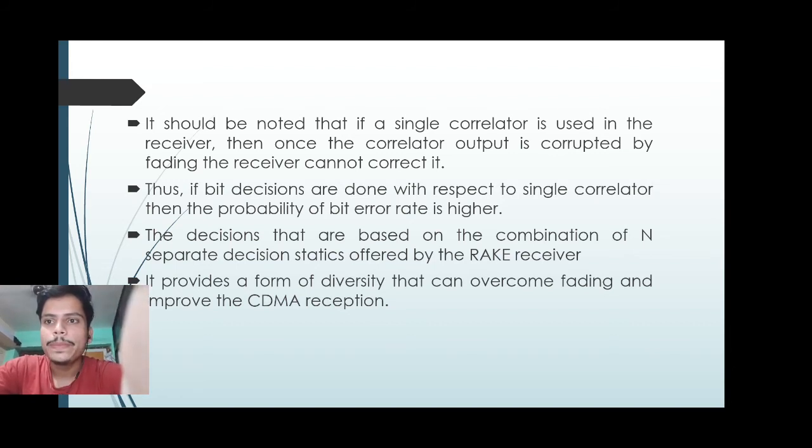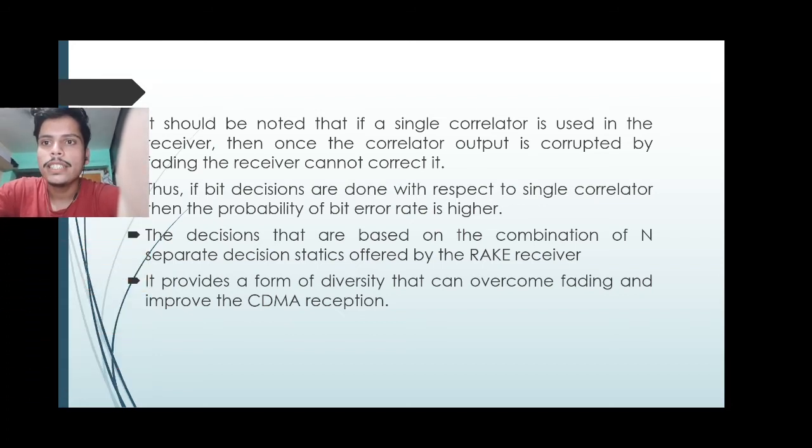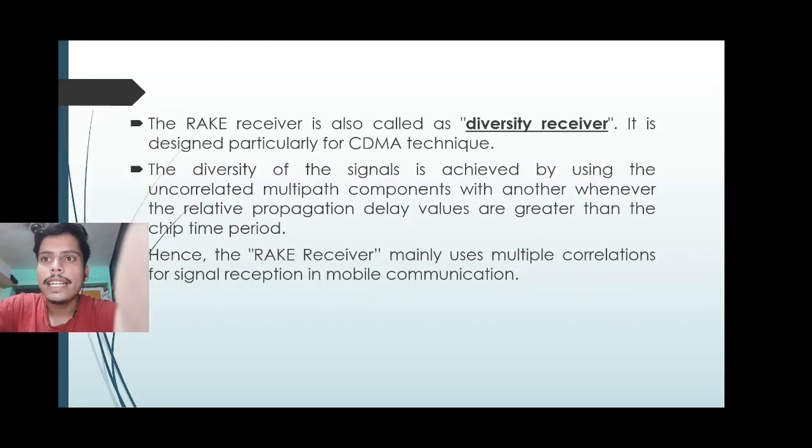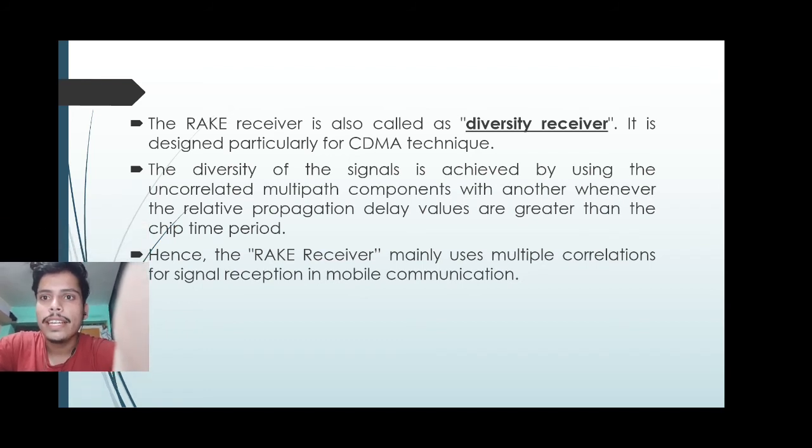It provides a form of diversity, which overcomes fading and improves CDMA reception. So the rake receiver is also called a diversity receiver. It is designed particularly for the CDMA technique. The diversity of signal is achieved by using multipath components uncorrelated with one another, whenever the relative propagation delay values are greater than the chip time period. Hence, the rake receiver mainly uses multiple correlators for signal reception in mobile communication.